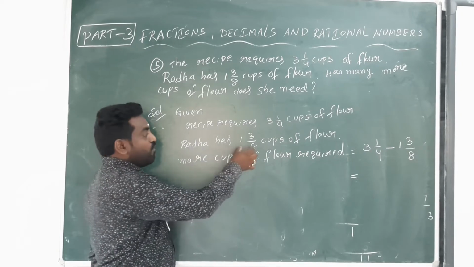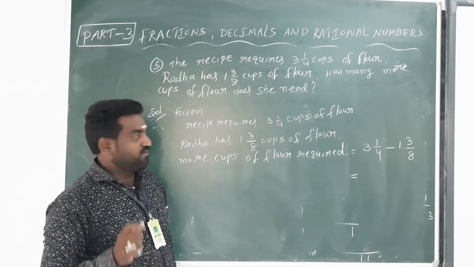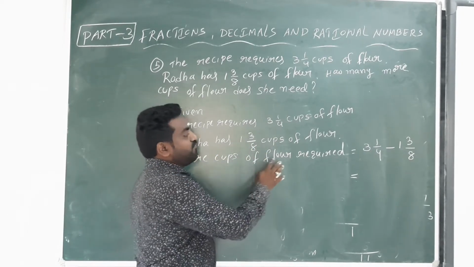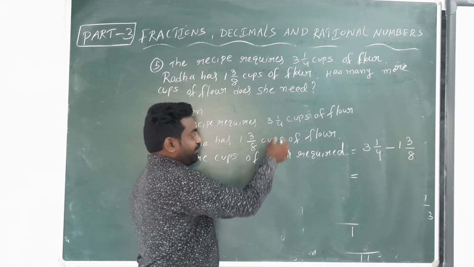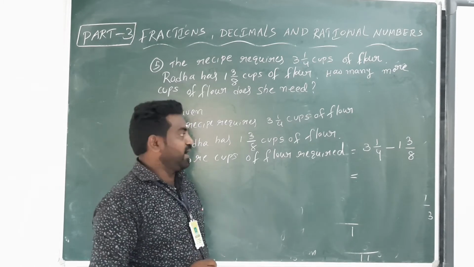Radha has 1 3/8 cups of flour. More cups of flour required is equal to 3 1/4 minus 1 3/8.